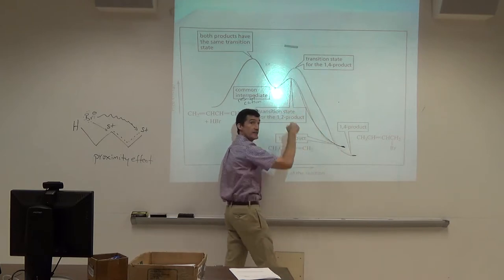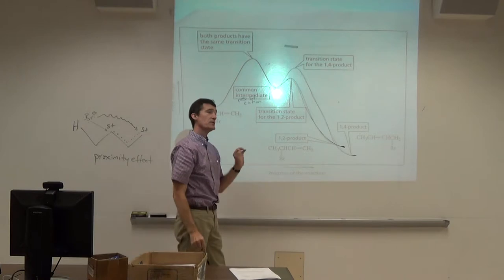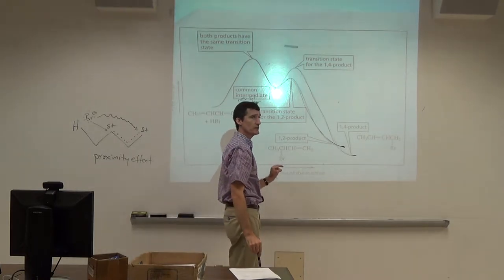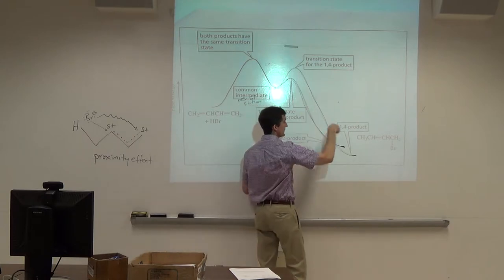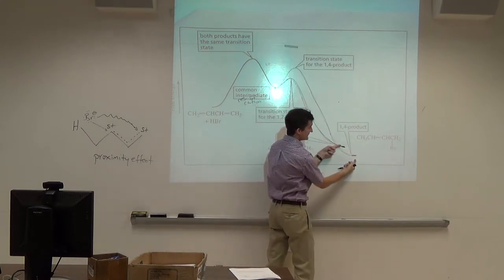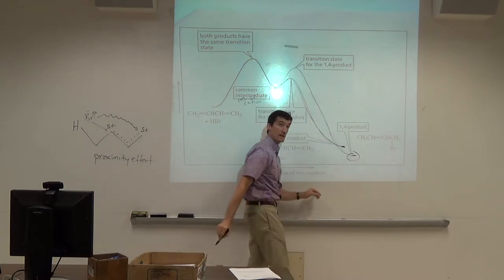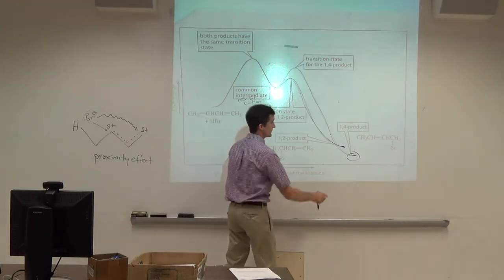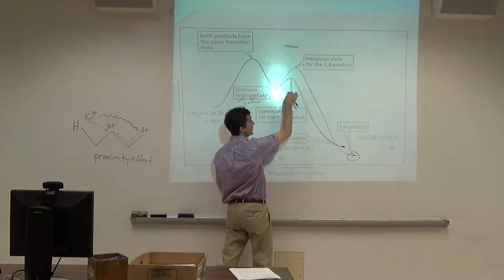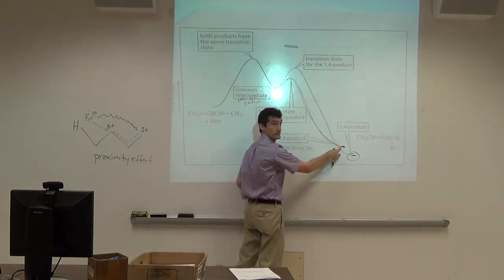With heat, you now have an equilibrium. And when you have an equilibrium, how do you judge equilibrium? Most stable. So this achieves an equilibrium, most stable is preferred, and you end up with the most stable. But if it's cold, you can't achieve an equilibrium, because all you can do is go over here and you're stuck there.